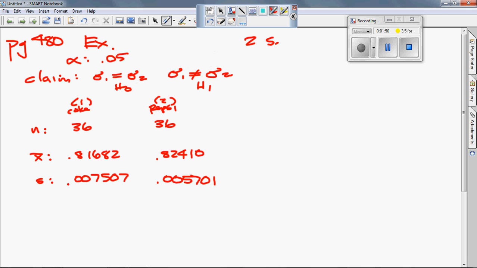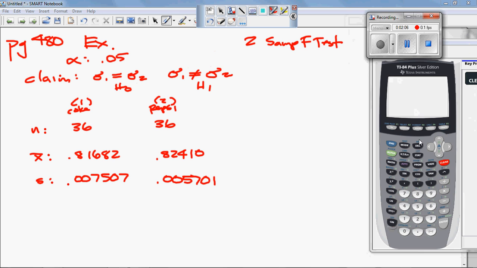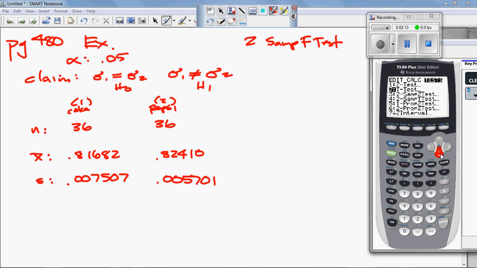So we open up our calculator. Okay, so we hit stat, test, and then we scroll down to 2-samp F test.